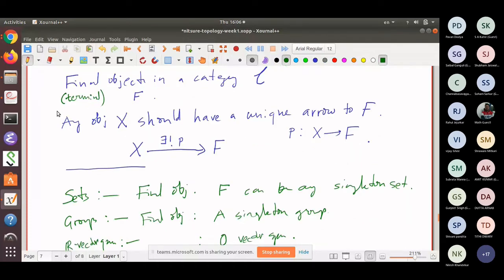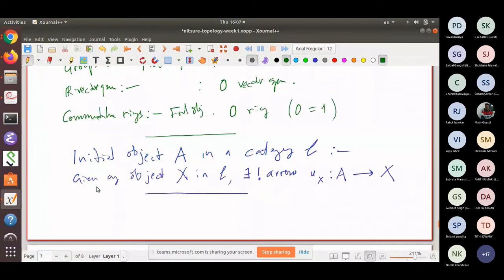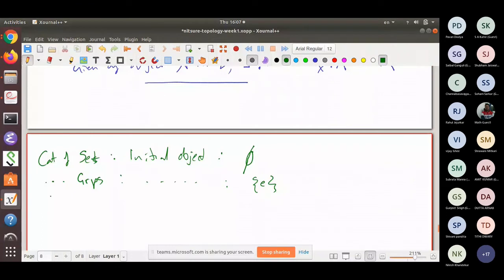It's a railway terminal. Okay. Next was what category? Real vector spaces. Again, just 0. Vector spaces over R, yeah. Again, it's the zero vector space. And the last one was commutative rings. Z. Wonderful.